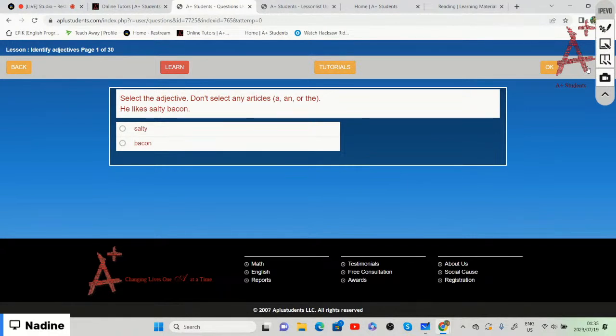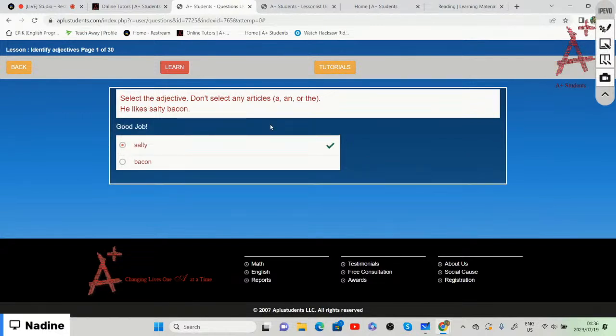Is it salty or is it bacon? If we choose the correct adjective that describes the noun, we will choose salty, because salty tells us what kind of bacon. So salty bacon.